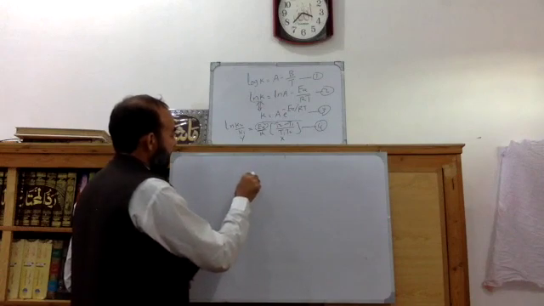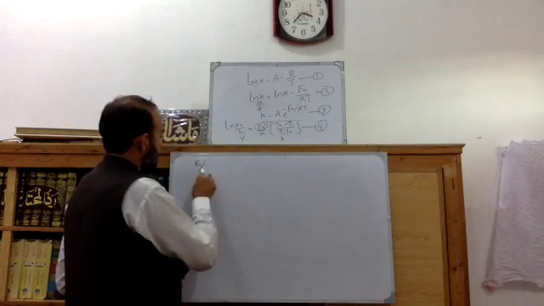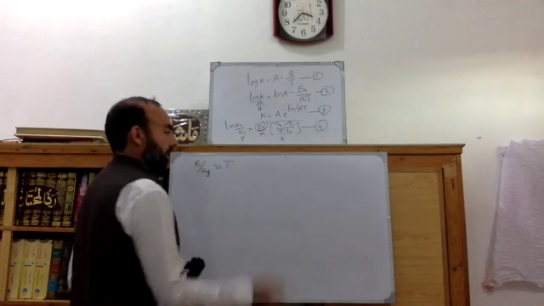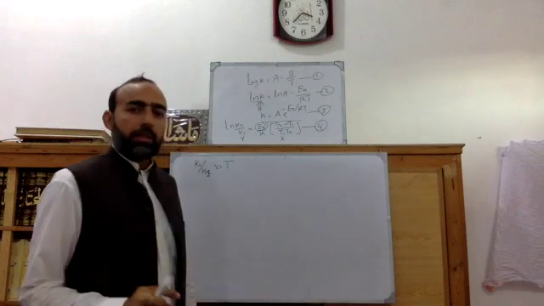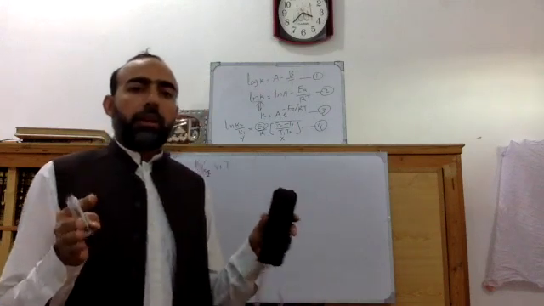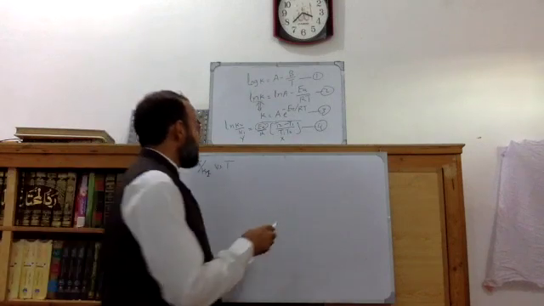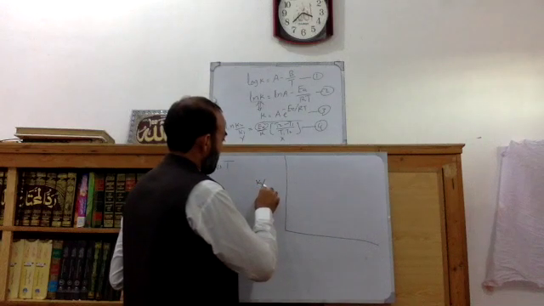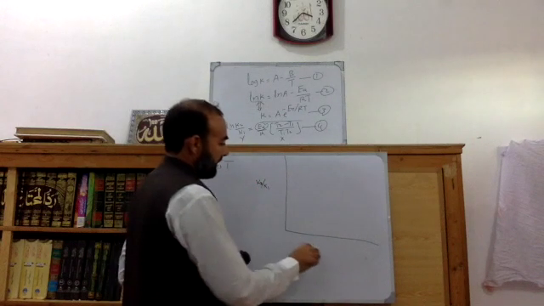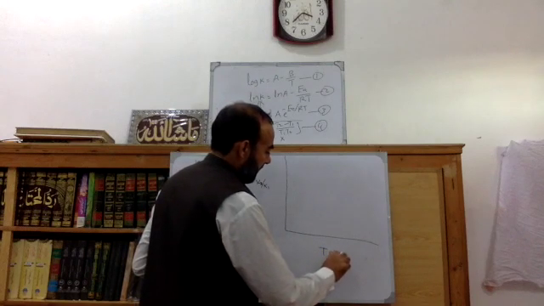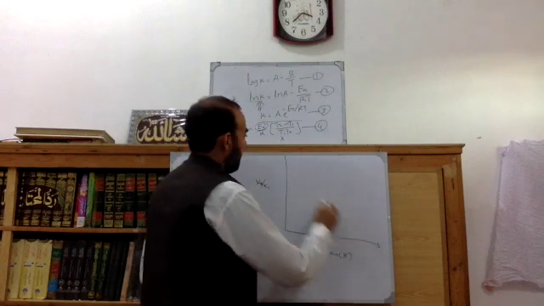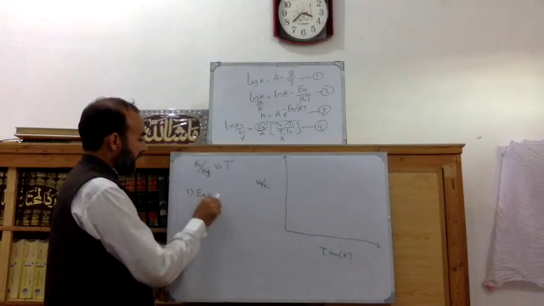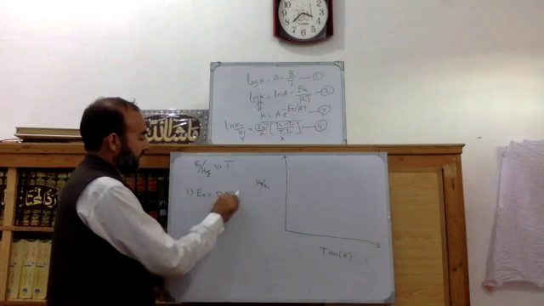So when we plot K2 over K1 versus temperature, and this is the average temperature. The temperatures vary from each other by a 10-degree difference. So just taking this ratio K2 over K1 on the y-axis, and this average temperature in Kelvin on the x-axis, and when we plot this at fixed activation energy, in the first case let's take the activation energy Ea equal to 50 kilojoule per mole.